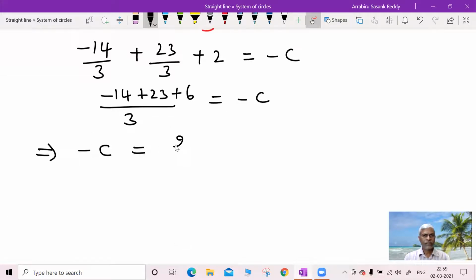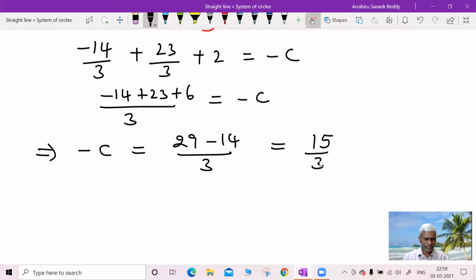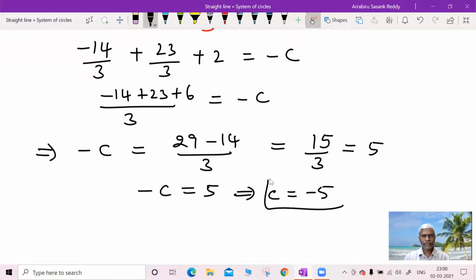Minus C plus 29 minus 14 by 3, that is 9, that is 15 by 3. So minus C is equal to 5 and C is equal to minus 5.